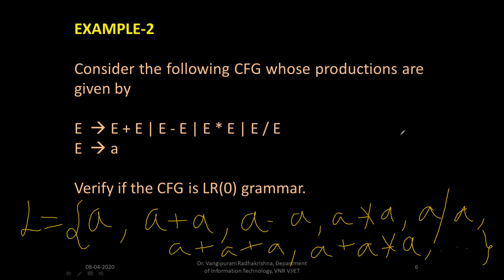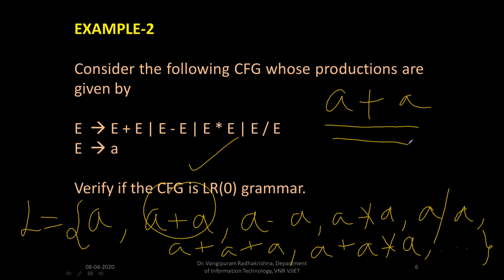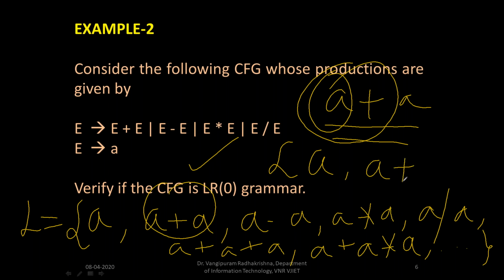Now assume that you have randomly chosen this particular string A plus A. The proper prefixes for this randomly chosen string would be, you can start with A, then you can have A plus, but when you take A plus A, it would be the string itself, so discard that one.